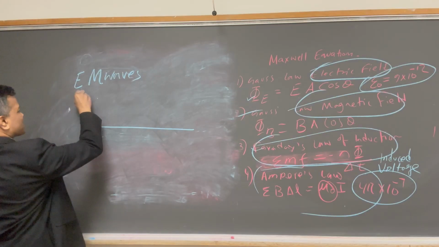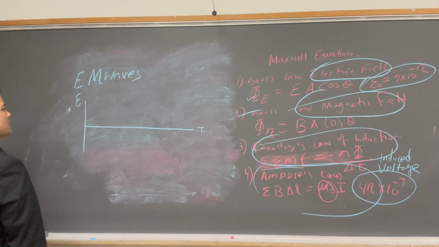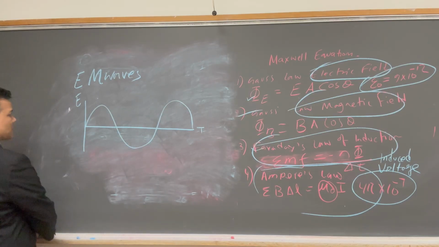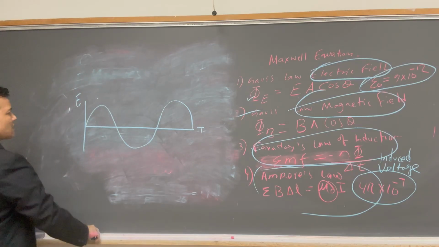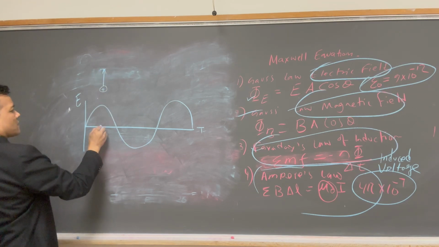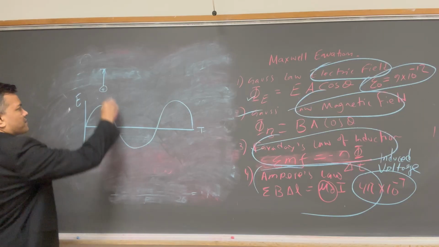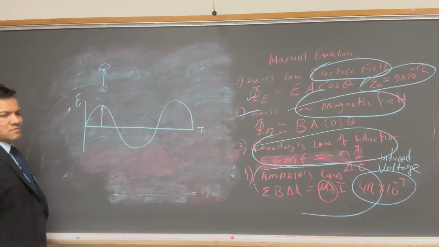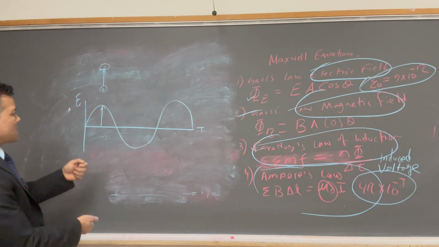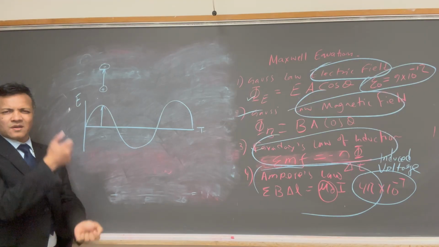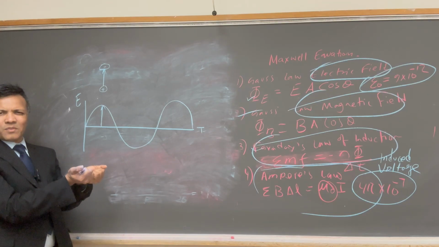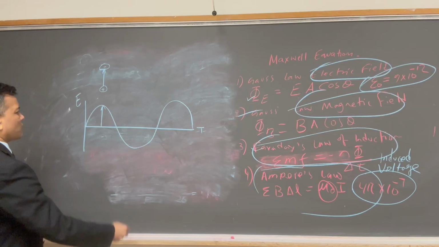You're going to draw the E field, which is up and down. Why is it up? Let's try to understand that. Let's put a charge over here, put a charge over there. The field is up. Two plates, positive plate, negative plate, and so two charges, they move. So at some point, if they move up and down, at some point they will be at the same height, and the field would be zero over there.